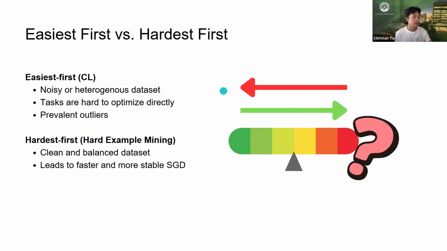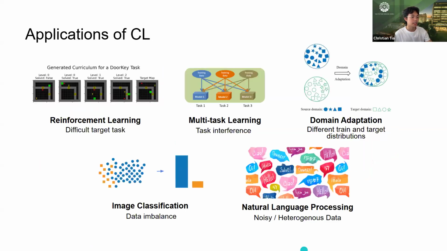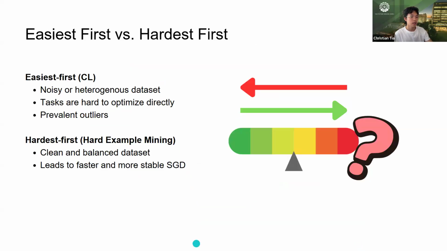It's been found that this is best for noisy or heterogeneous data sets, because you can do that distribution shift. It's also best when tasks are hard to optimize directly, like the RL task from a while ago where the target task is very difficult. And it's good when there are prevalent outliers, because those outliers could be considered hard, and if you start with them, it could lead to poorer performance.